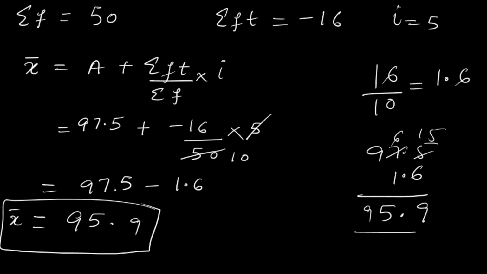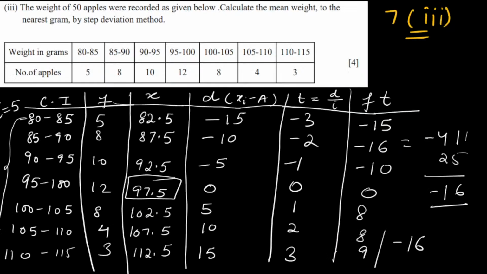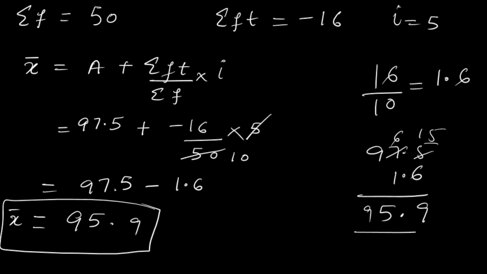I don't know what answer Tarun got, but I want most of you to tell me whether you have done it yourself. So 95.9. Here this word is mentioned: they have said to the nearest gram we have to tell. Nearest gram means we have to round it off.